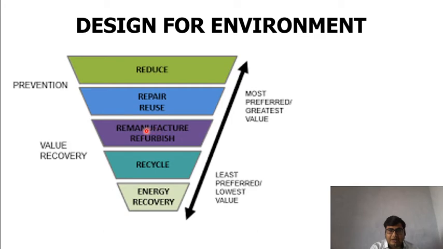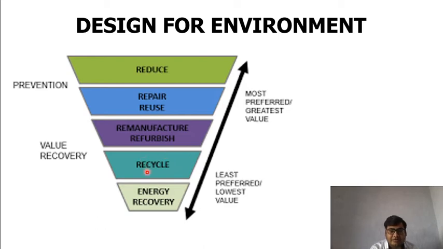Understood? And then recycle. There is not much we can do in the recycle process other than selecting the correct material which can be recycled. Also, while we are designing products, we should make sure that the materials are symmetric as much as possible. If I am designing a product which has all plastic parts, then I can recycle that product very quickly and easily.